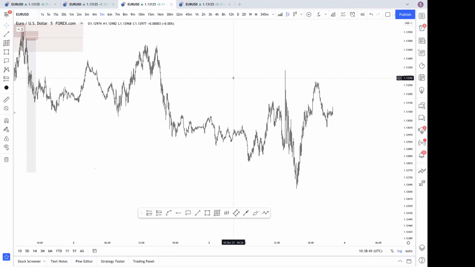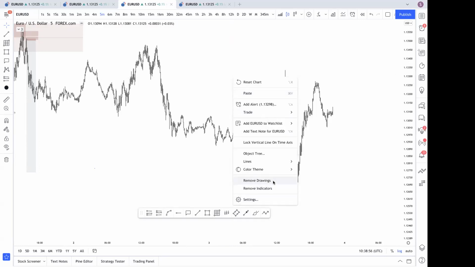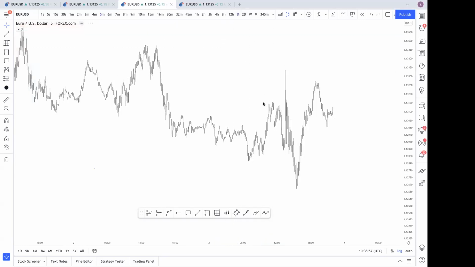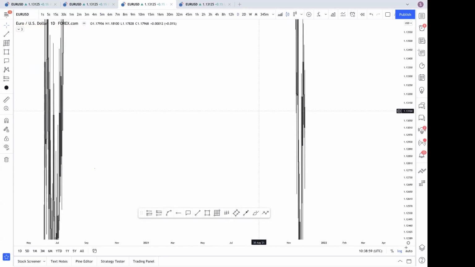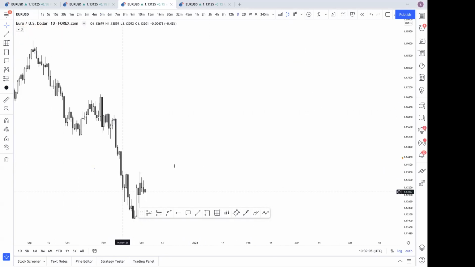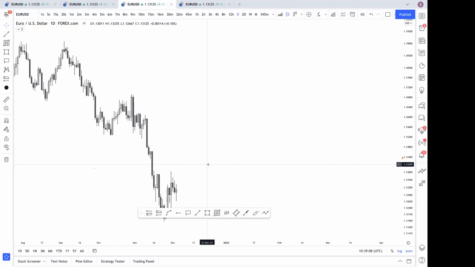Like literally leave your charts. Can you talk about recognizing daily highs and lows? Well, just look on the daily and weekly charts. There's a high on daily. Here's a daily high, here's a daily high, here's a daily high.